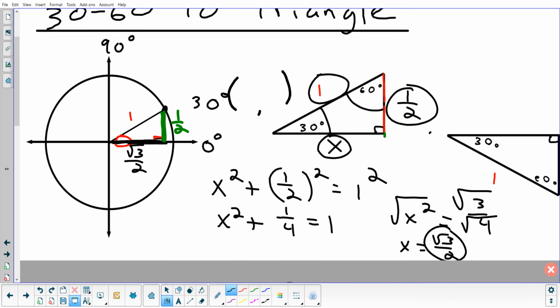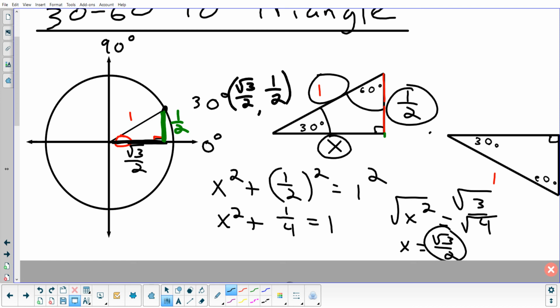So, what is my coordinate for 30 degrees? Square root of 3 over 2, comma, 1/2. I think that's a coordinate we saw yesterday at some point.